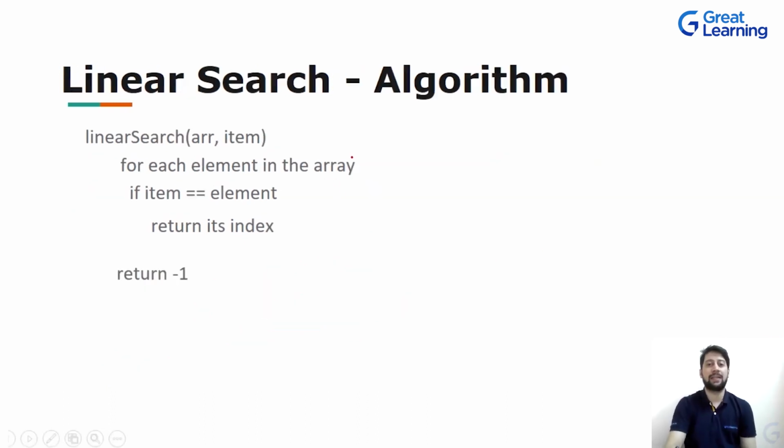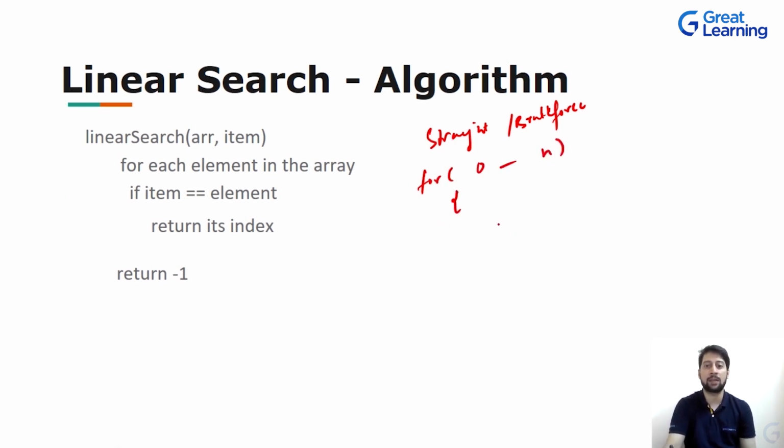Now let's talk about the linear search algorithm. It is very straightforward, a brute force algorithm of finding the element in the array. This is how it works. We have one for loop wherein we iterate through all the elements, from 0 to n.